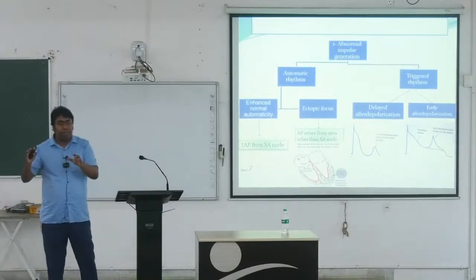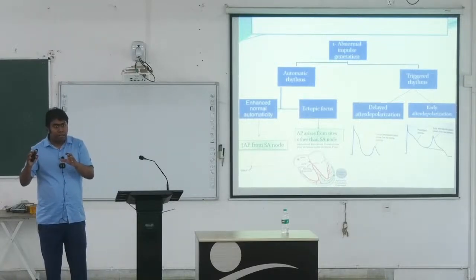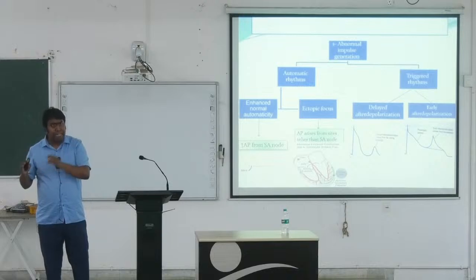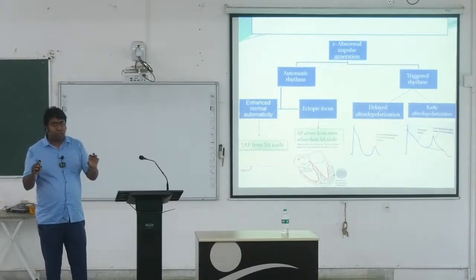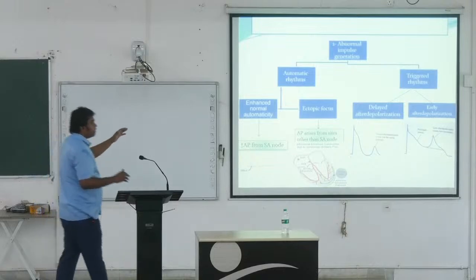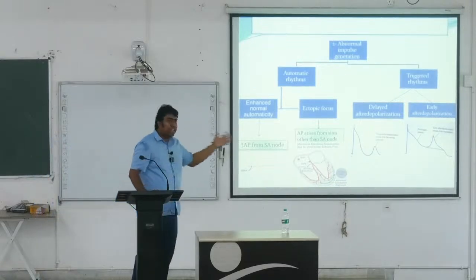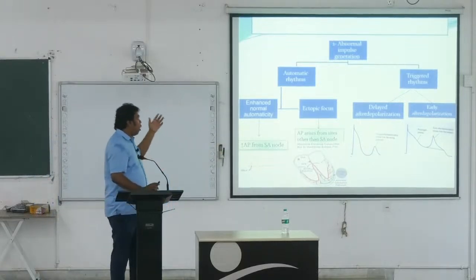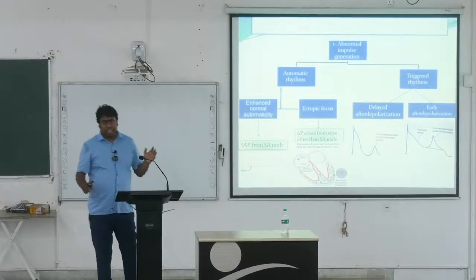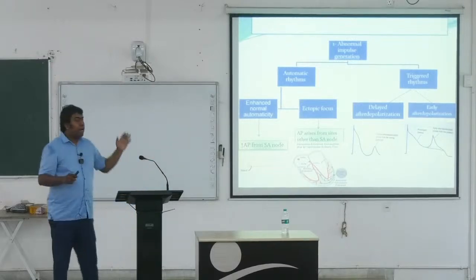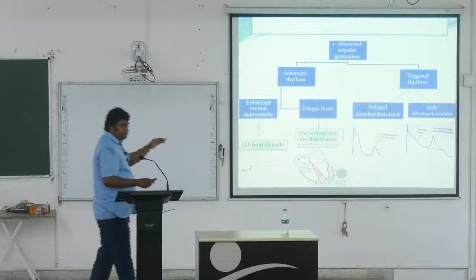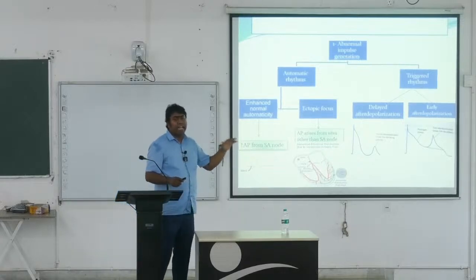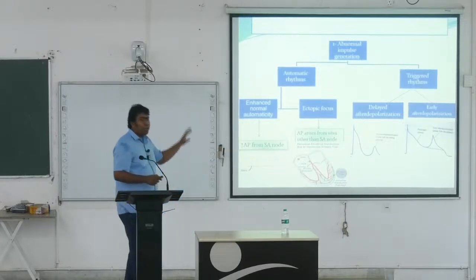It may be from the atrium, ventricle, even from the AV node. Other than the SA node, there is an ectopic focus. Then there is the triggered one, which can be early or delayed after-depolarization, leading to abnormal impulse generation.